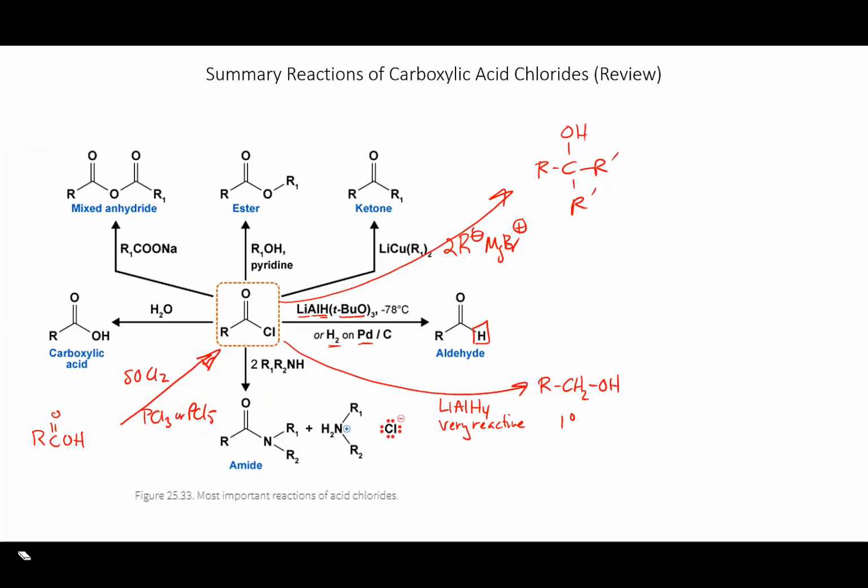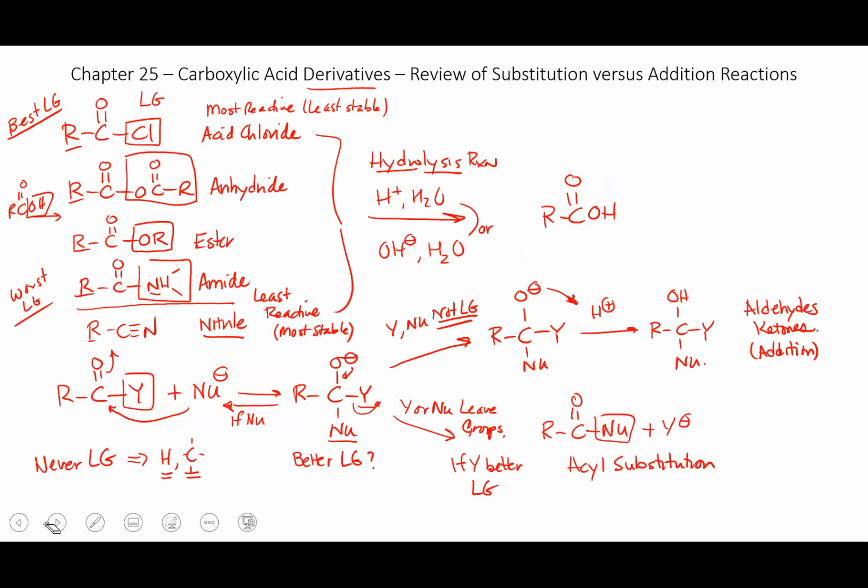Let's just take a quick trip down memory lane here. All of these reactions are substitutions. I've substituted each one of those groups for the H. Some fit that mechanism. Some do fit the mechanism, they're just not as clear. So the difference between addition and substitution depends on, is the Y group a leaving group?